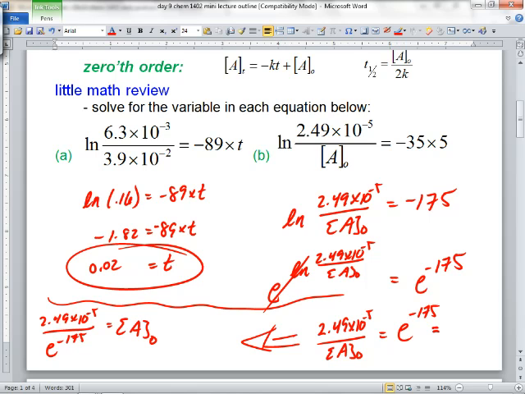If you do e to the negative 175, it's 9.96 times 10 to the negative 77. Okay. So this e to the negative 175 is 9.96 times 10 to the negative 77. So that is that number. Okay.